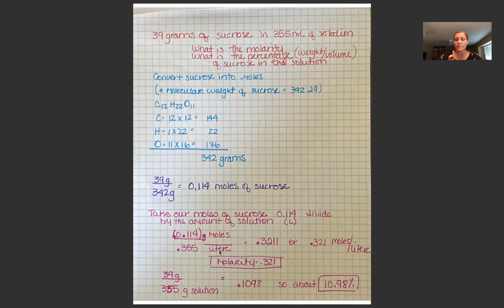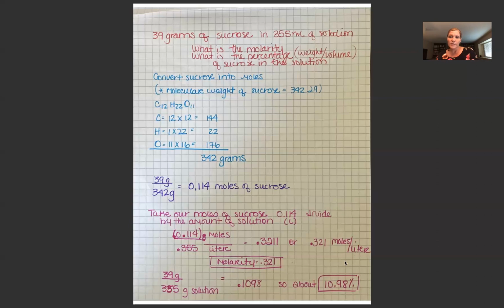So we have our moles per liter. We do the math on this, we divide it, and we get 0.3211, or 0.321 moles per liter, and that's our molarity. And this would be the way that we add our units.